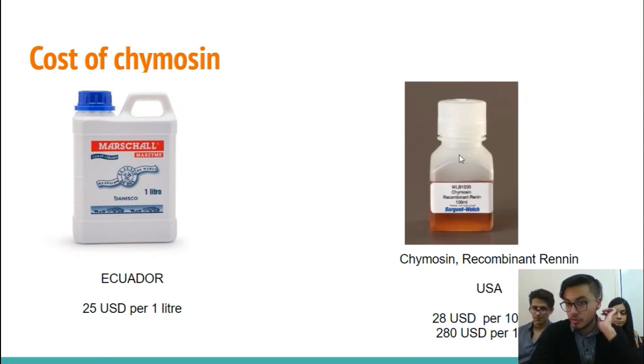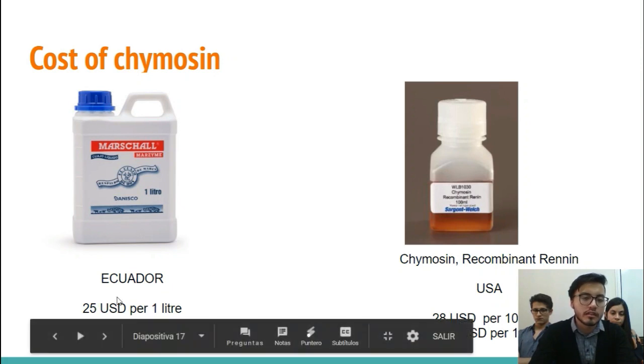And this one, the chymosin recombinant renin process, is known for making almost 100% purification of the chymosin. But in this case, as we researched, we found that the ingredients included other things like water and other salts. Here is a more purified chymosin. So, let's look at the prices.